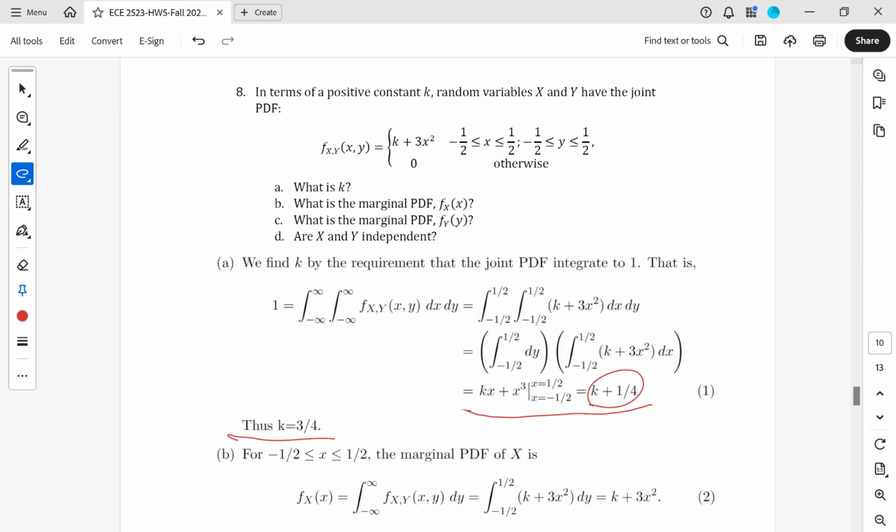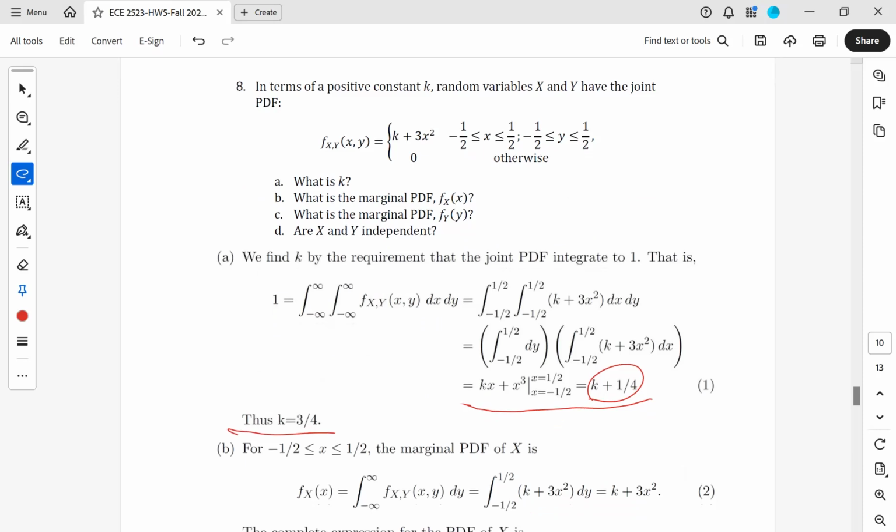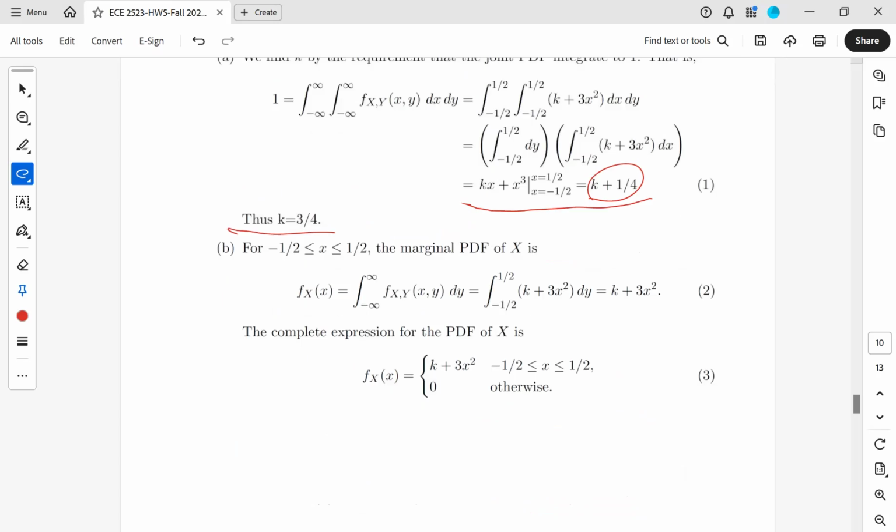Are we good? Now, the second and third parts ask for the marginal PDF for x and y. Let's go through them together because they are the same concept. For the marginal PDF of x, we integrate over y. For the marginal PDF of y, we integrate over x.